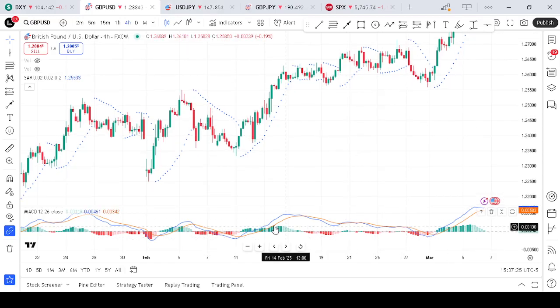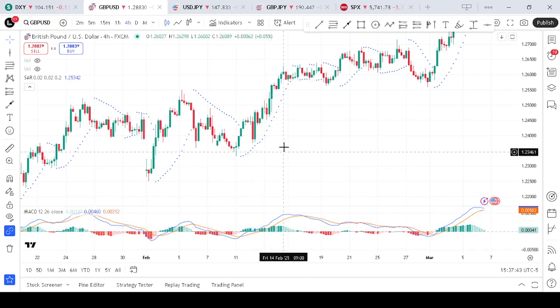The MACD line is this blue line. Once it crosses above the signal line, which is the yellow line, we are surely in a buying opportunity. While we look at the MACD histogram to see if it has turned to the positive side and started increasing. Yes, these things have been aligned for a buying trade.